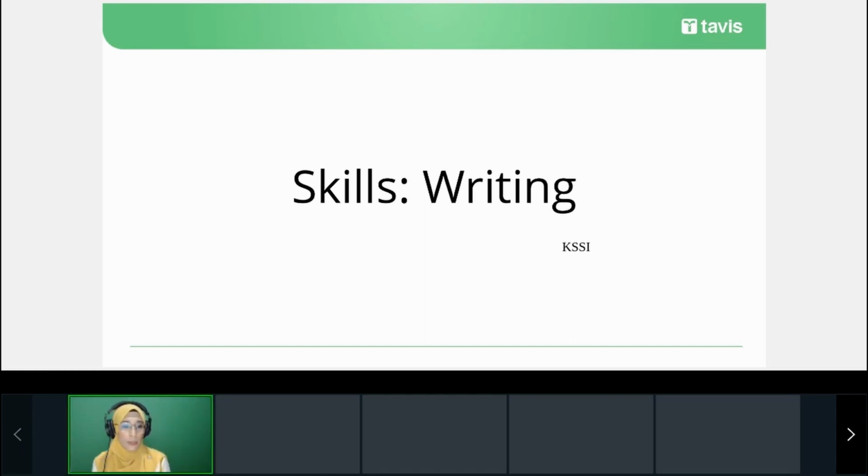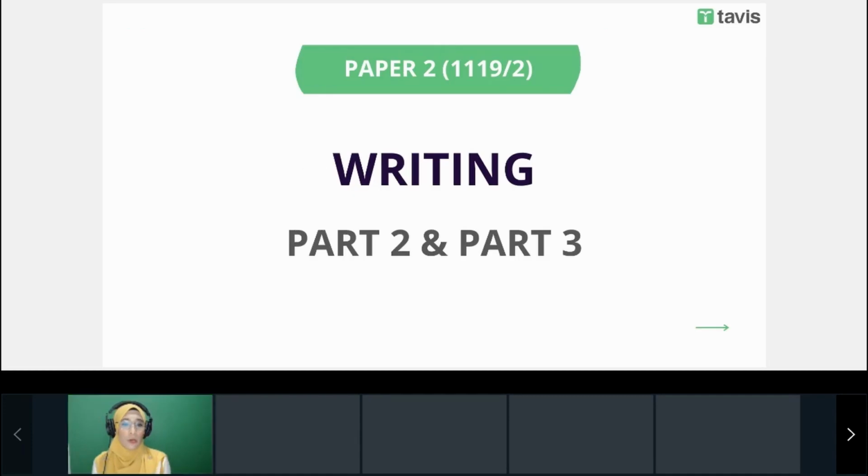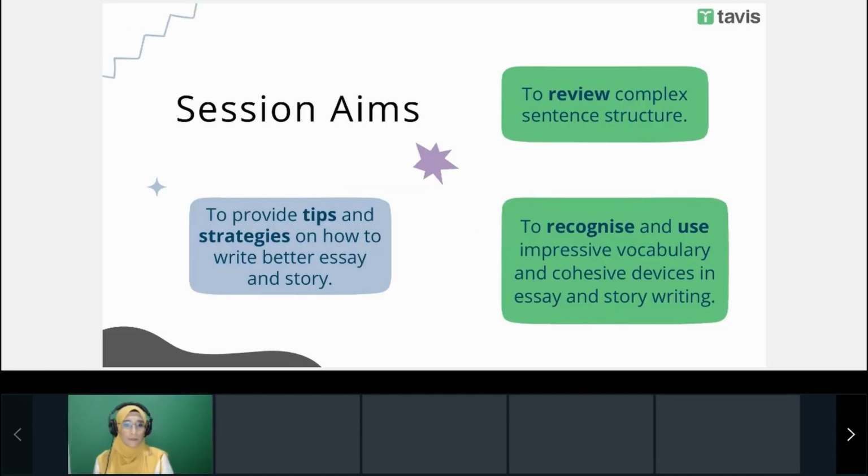Now let's take a look at what we're going to be covering for today. Today we are going to be looking at some tips and strategies on how to write a better essay and story, and we are also going to review complex sentence structure. Last week Friday we covered 2 types of sentences.